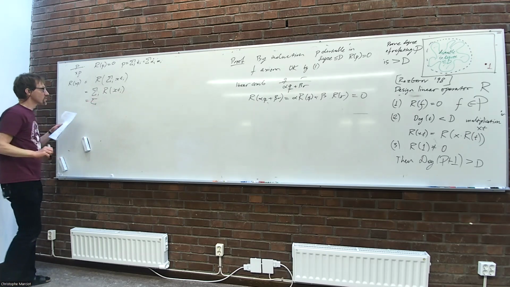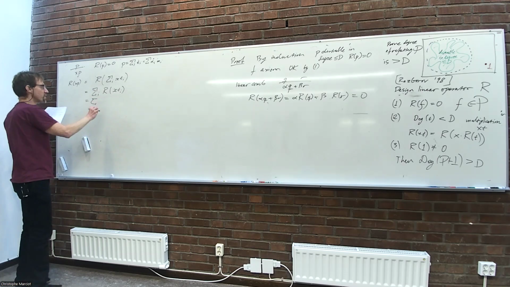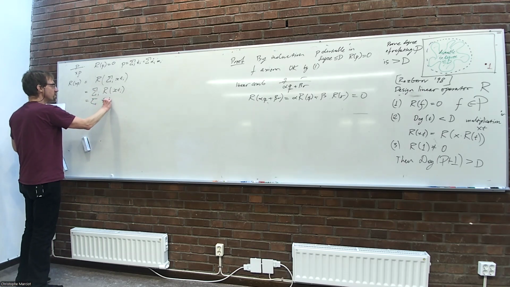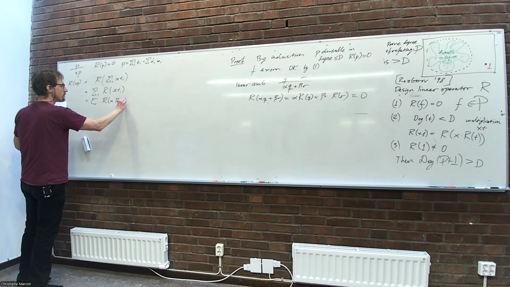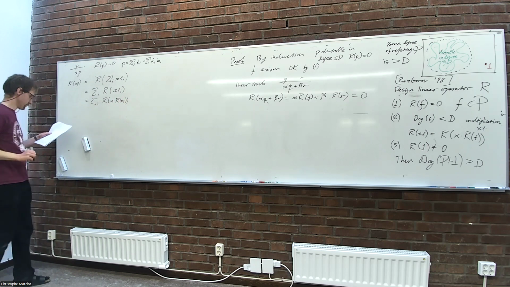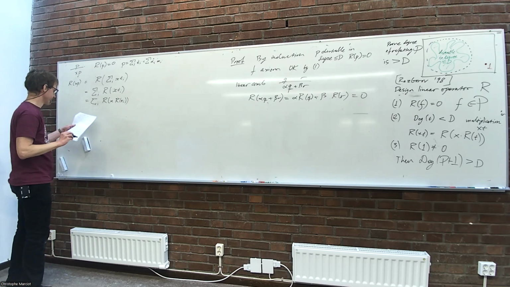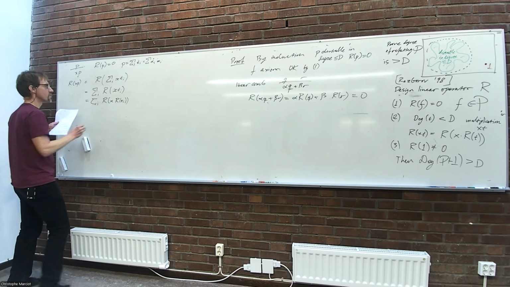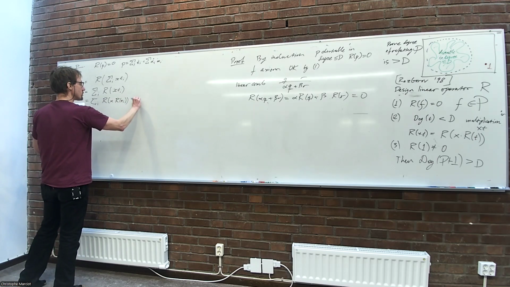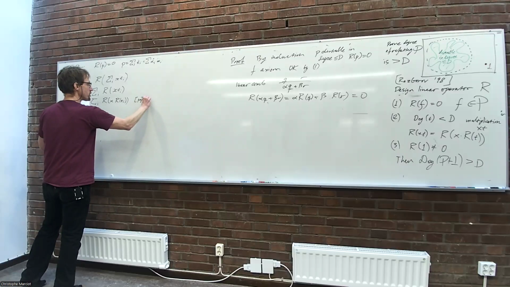Now here is where I want to use my magic property. That this is R of x, R of ti. Here is where we use the property 2.